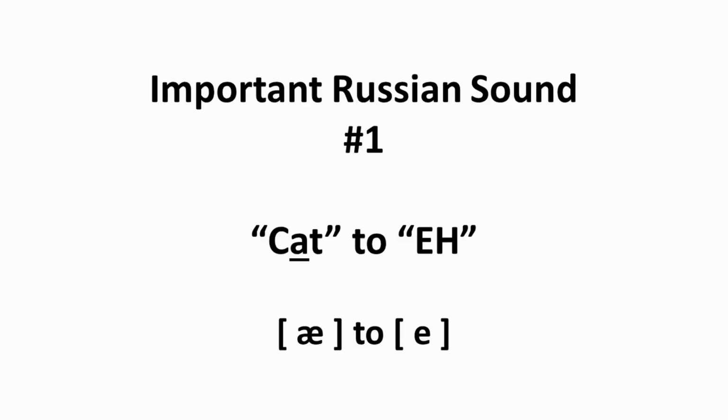Important Russian sound number 1, a to e. The short a sound in words like cat and apple have a couple of variations in Russian, but the most common is definitely turning it into e, as in let.